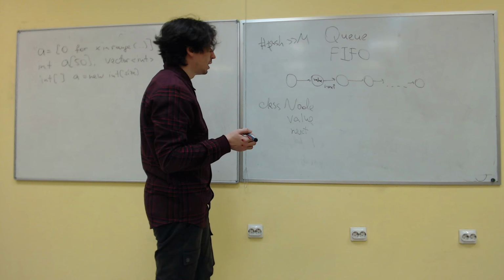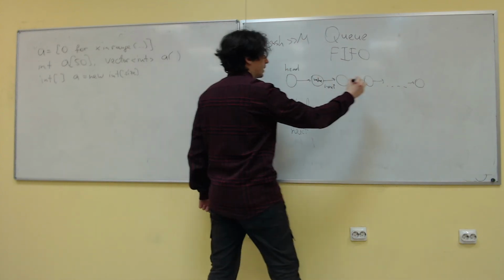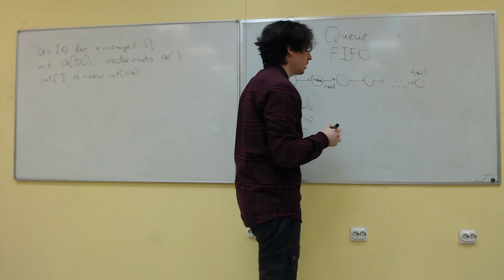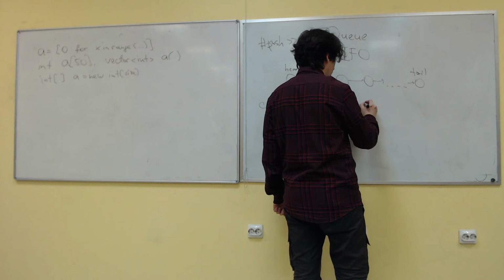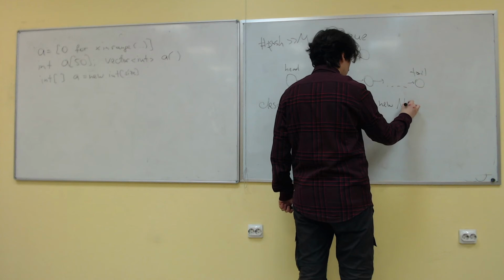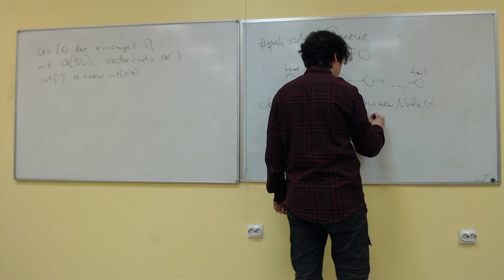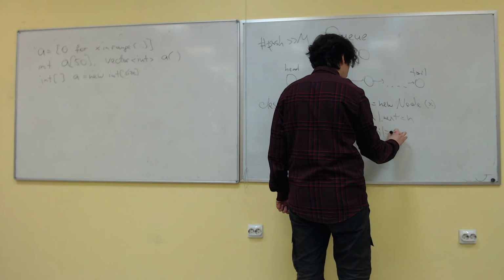You just maintain the head and tail. Then to add an element to the tail, you create a new node n equals new node of x, then you say tail.next equals n, and then tail equals n.